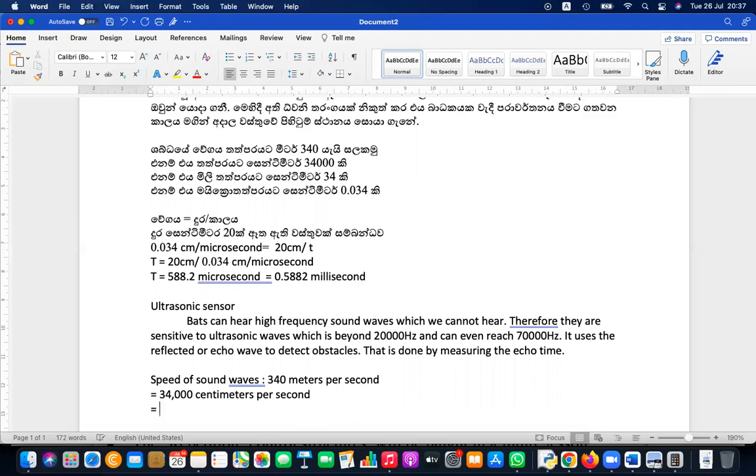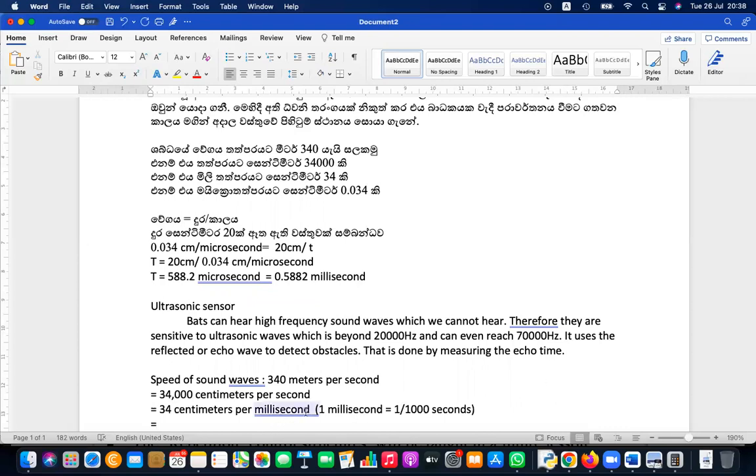Which is equal to 34 centimeters per millisecond. 1 millisecond is equal to 1 divided by 1,000 seconds, right? So you divide it by 1,000. In a millisecond, it travels 34 centimeters.